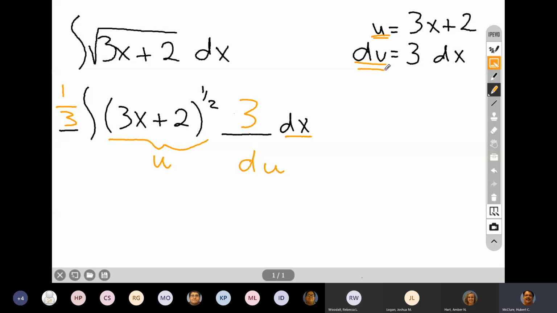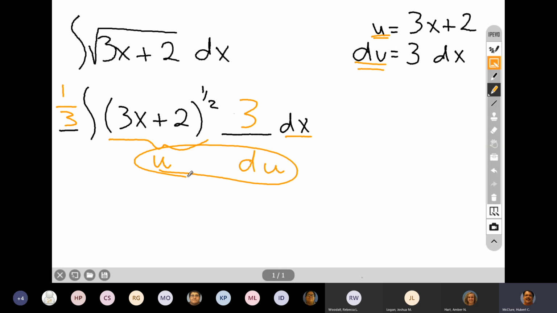Is that your objective when you are trying to do substitution? Yes or no? You've got a 50-50 shot. Yes, it is. That is exactly what you're trying to do. You're trying to make u du possible.